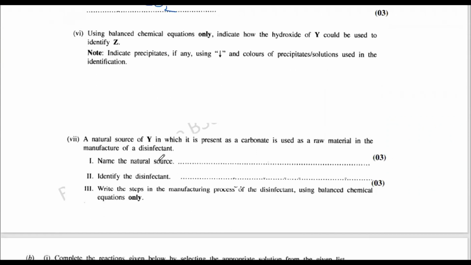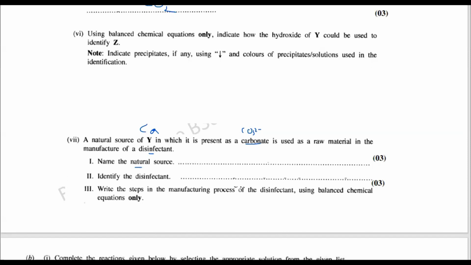Natural source of Y in which it is present as a carbonate is used as a raw material in the manufacture of a disinfectant. So Y is calcium, and when it is present in the carbonate form, CO3 2 minus, what is the natural source of calcium?